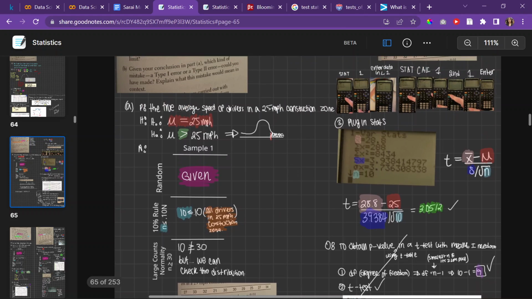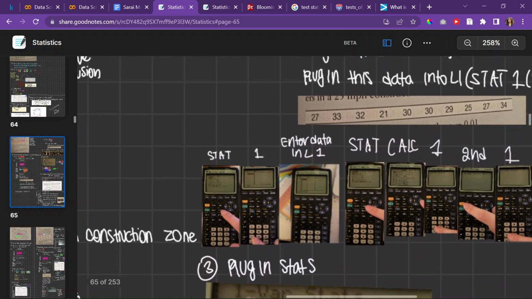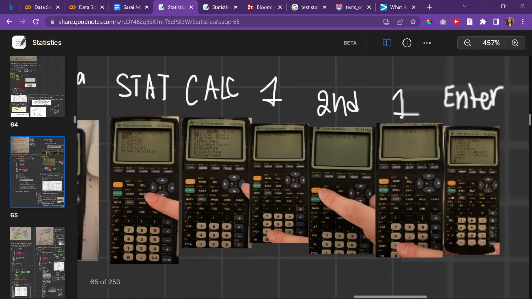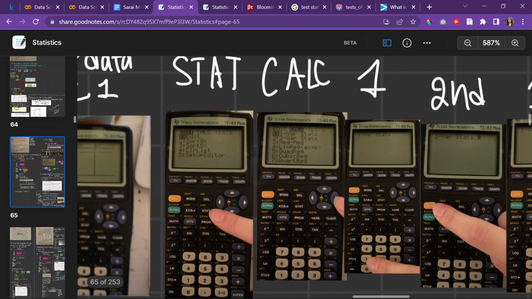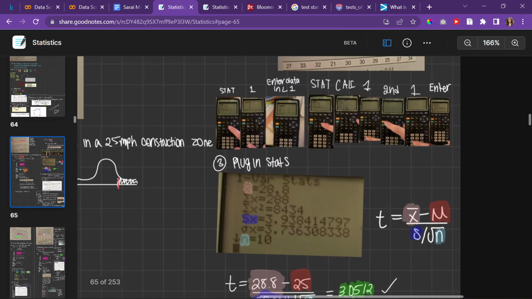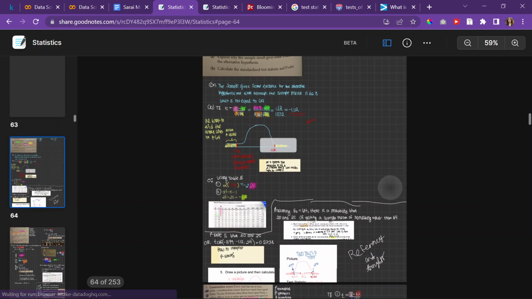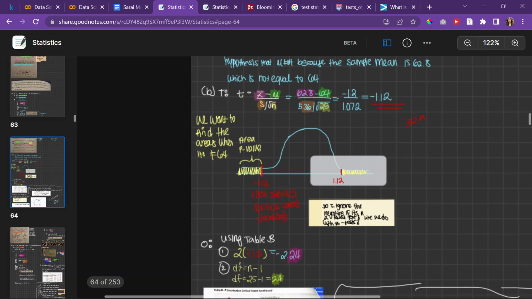Where am I right now? Oh my god, is this it? Oh, never mind. I literally took a step-by-step picture. One more stat. No, that's not it. Okay, I'm trying to find that. Where in the world was it? I had it before. Oh my god, is this it?